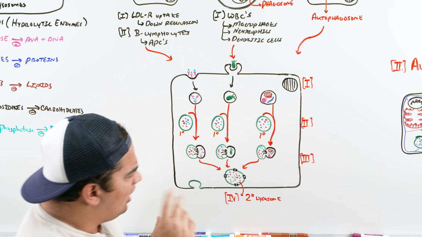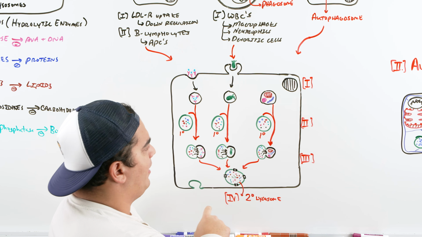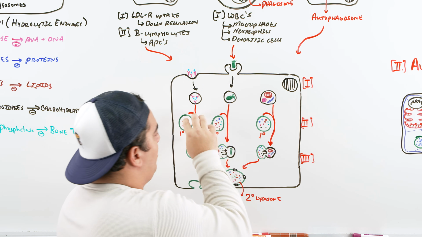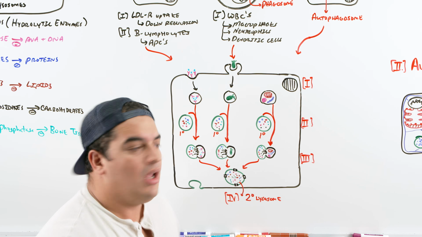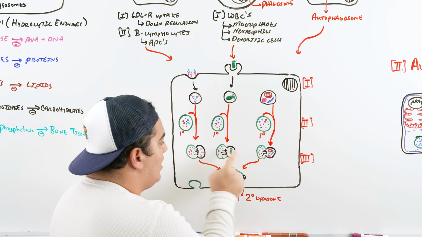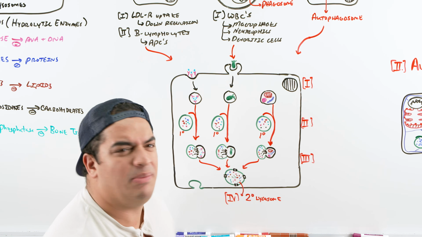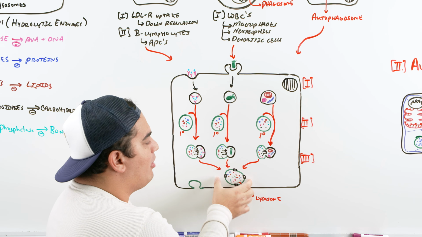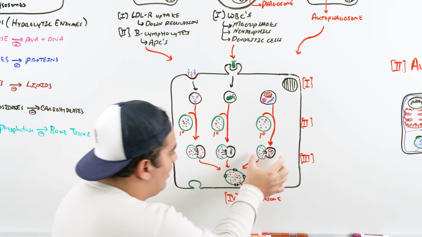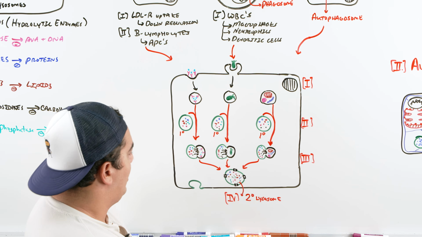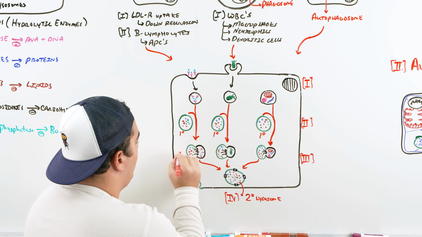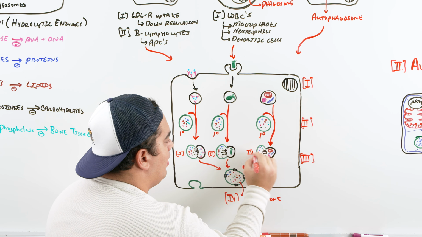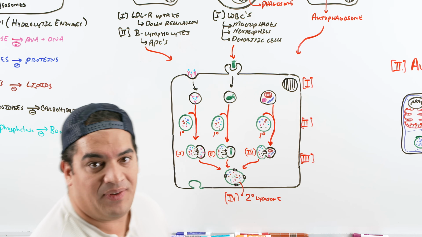Now, a couple different terminologies here before we go to the next step. Whenever you take an endosome, a phagosome, an autophagosome, and fuse them with a primary lysosome, right at the moment of them fusing, so this point here, these are called specific types of things that you have to understand. The secondary lysosome is all the broken down products after these things have fused. But this point right here, this is going to be 1, this is going to be 2, this is going to be 3. These have specific names.